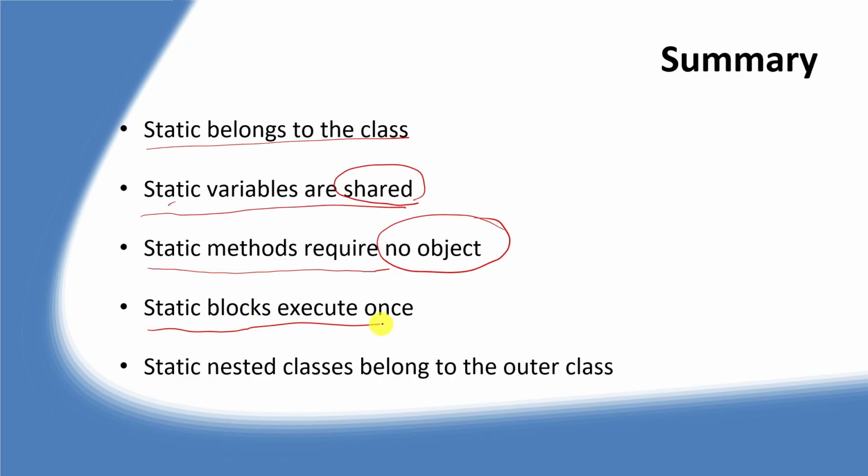A static block executes once, after the class is loaded in the memory, and after the static block the main method will execute. This is the execution flow we have seen.